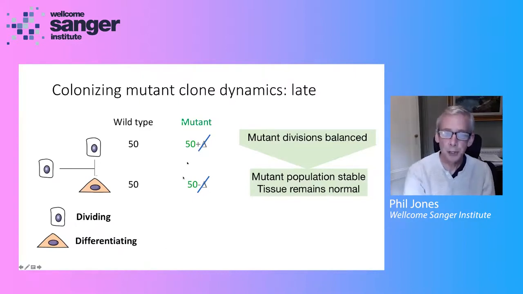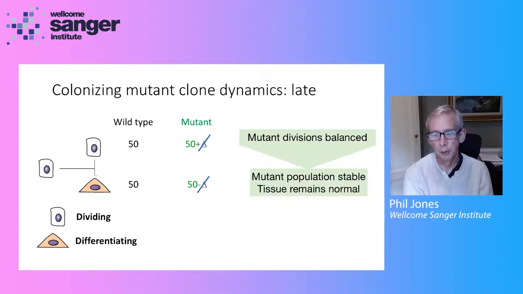And this reversion towards balanced behavior stabilizes the mutant cell population and the tissue remains normal without tumours. And again, this isn't just seen for MAML1, it's seen for P53 and for Notch and for other mutations we think that colonize the oesophagus.